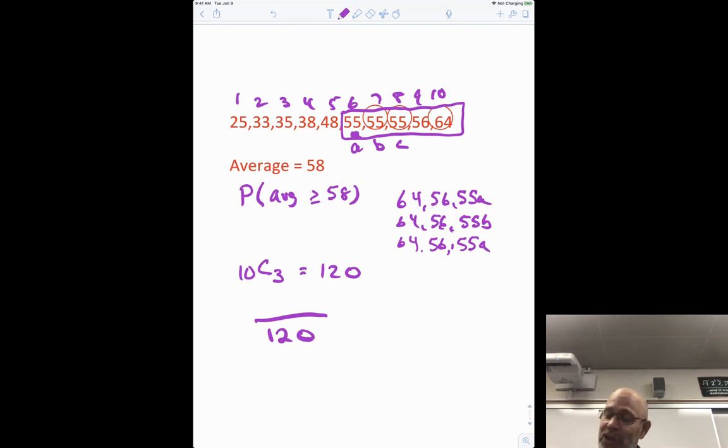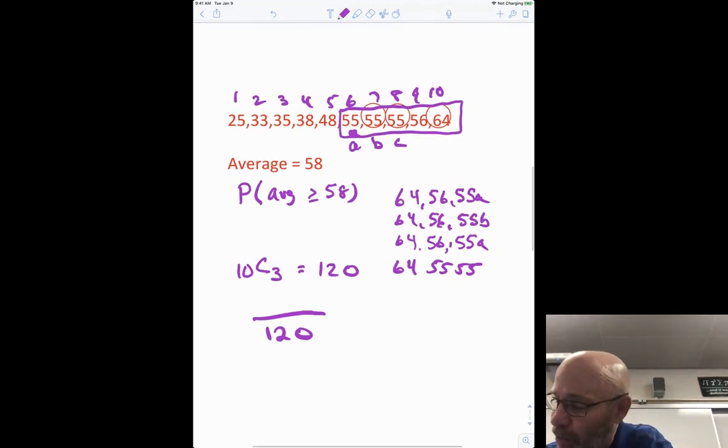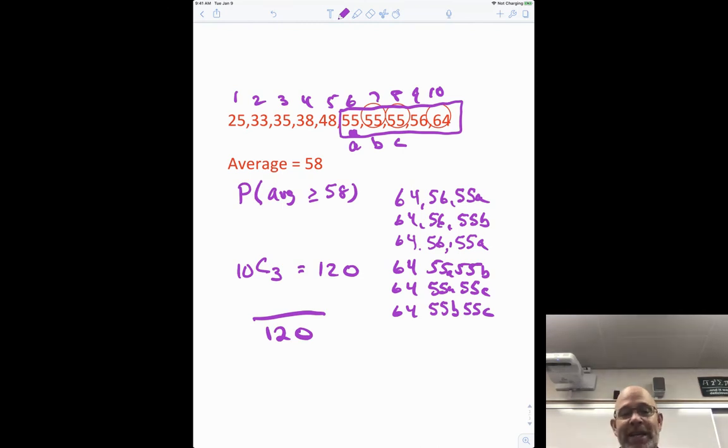The one I have to check: I need the 64, but what happens with 64, 55, and 55, right? So I do that math, and we know that's the 58 from the first place. So I'm going to do 64 with 55A and B, 64 with 55A and C, and 64 with 55B and C. I believe these are all of the cases.